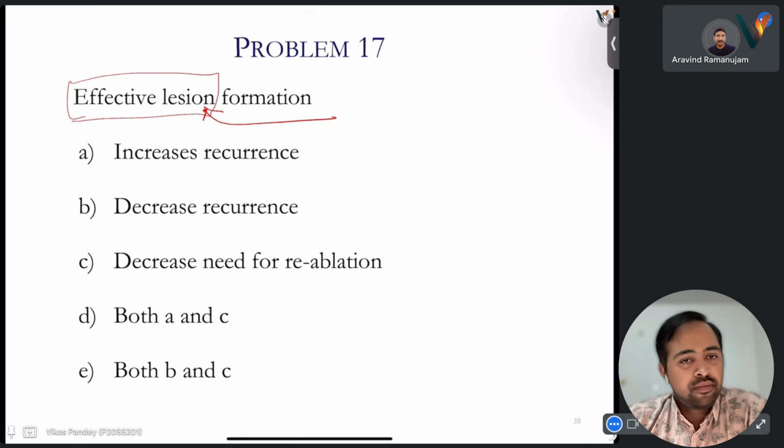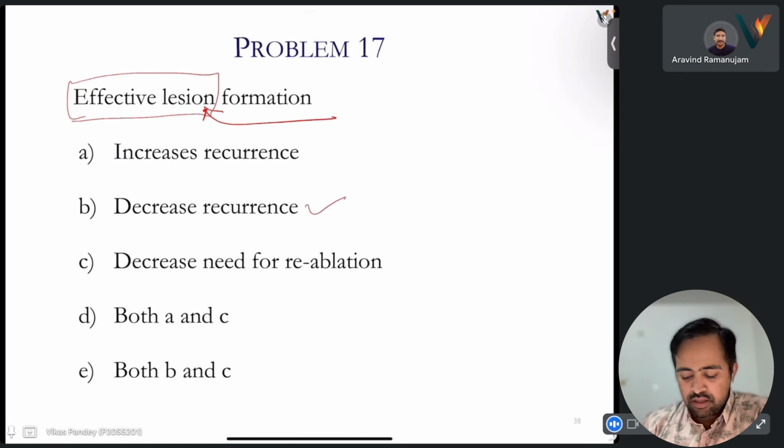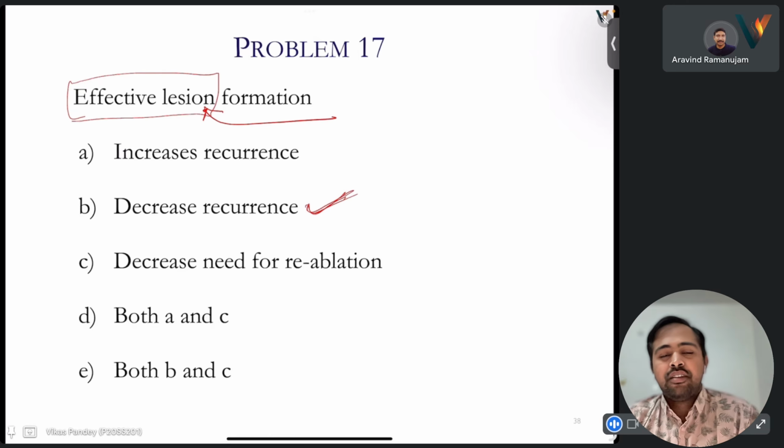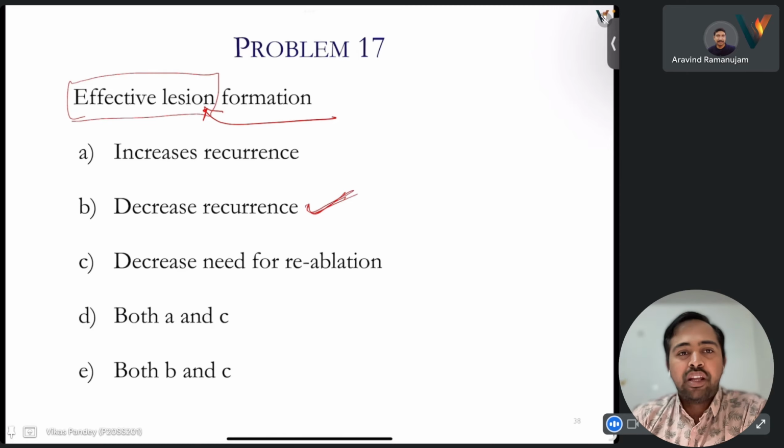It decreases the reoccurrence. If reoccurrence is not there, certainly we will not need reablation. So it will also decrease the need for reablation.